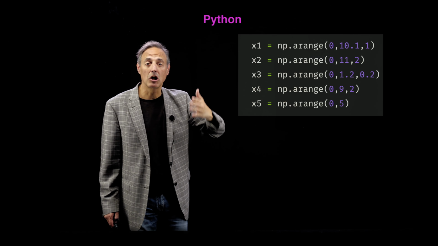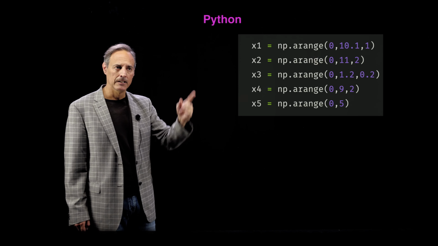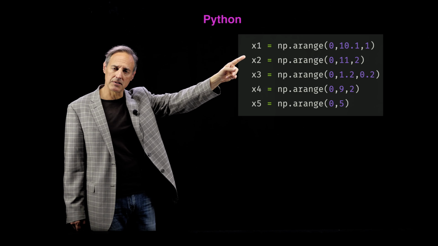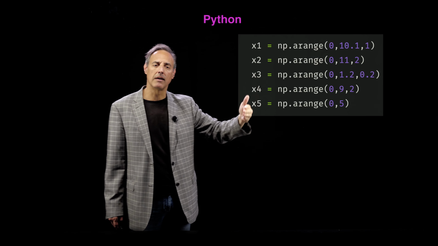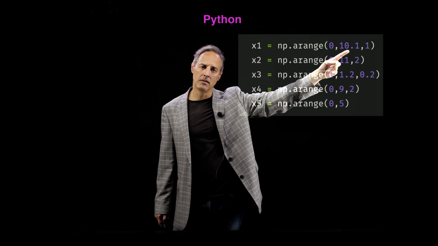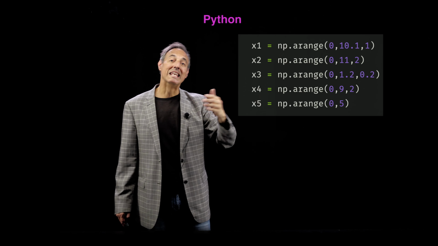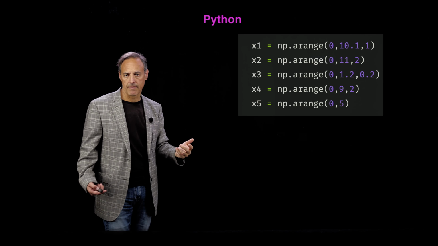It does not include that last step, so it's very important you understand that. So that first vector in this arange goes 0, 1, 2, 3, 4, 5, 6, 7, 8, 9, and 10. If I had stopped this at 10, it would have gone to 9 and not included 10. Okay, that's that first vector.